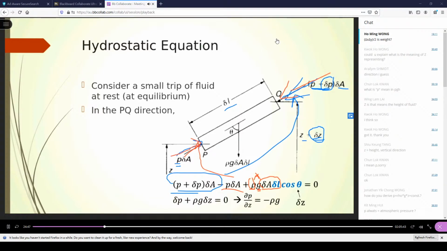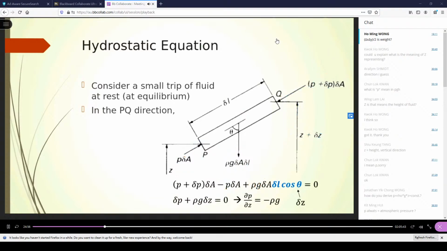This weight is acting downward, but has a component in the PQ direction. Now we resolve things into two components.